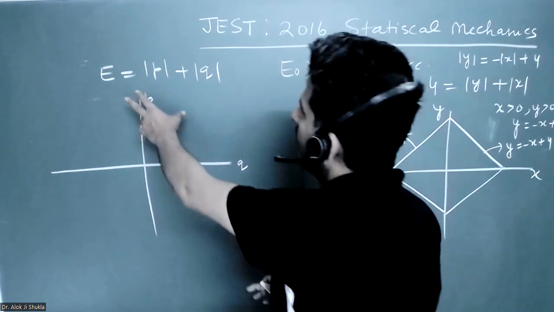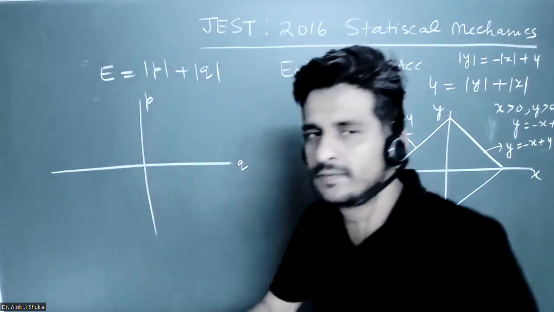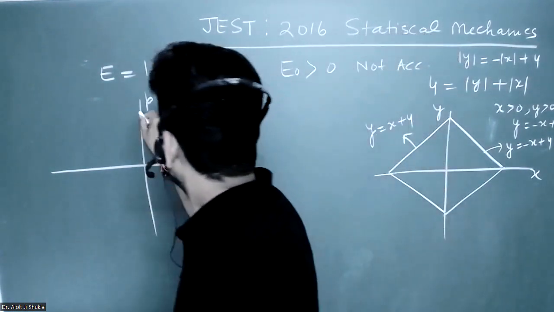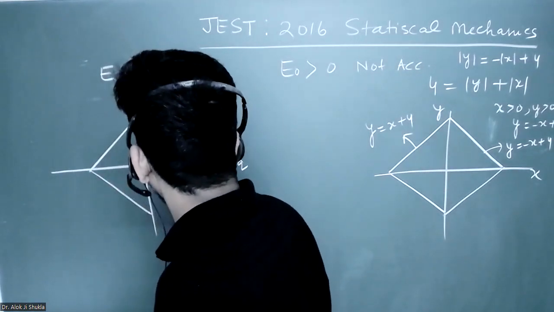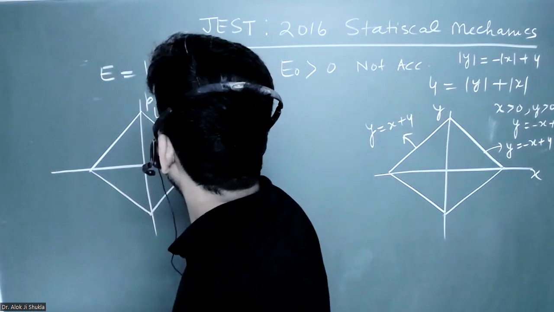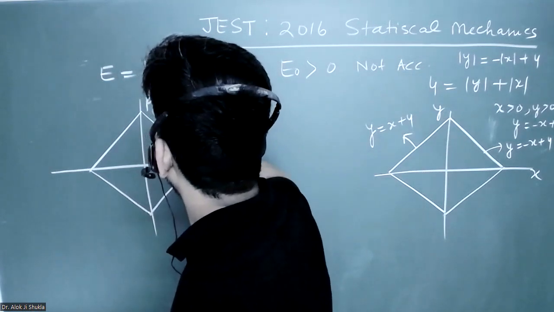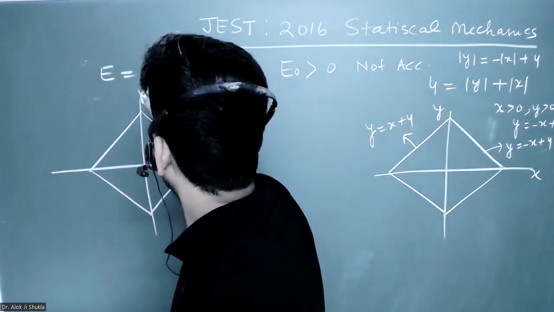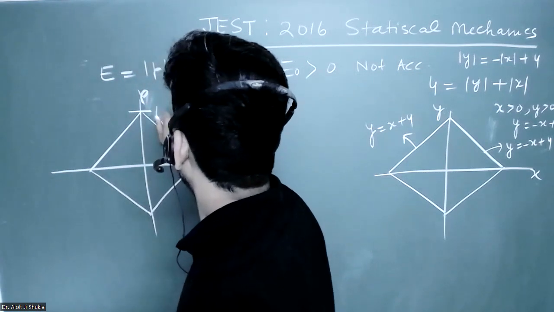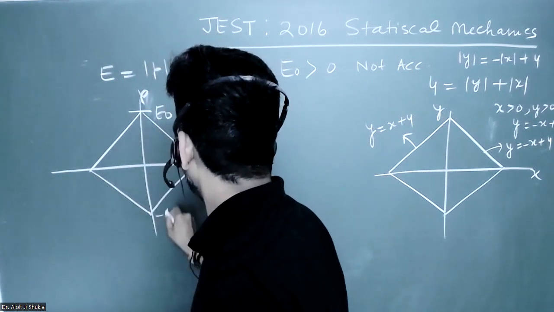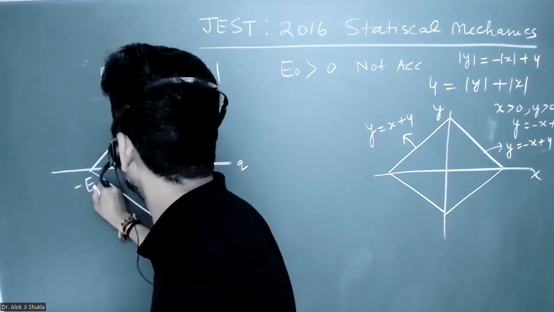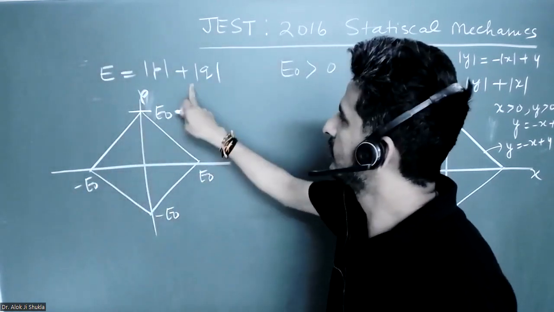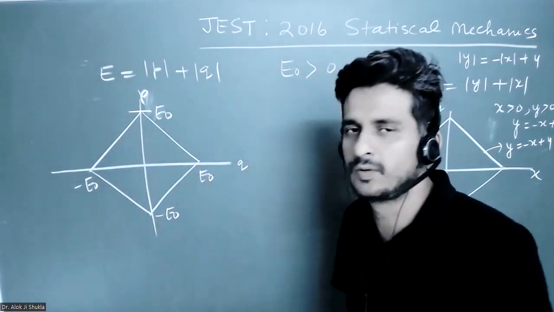Similarly, if I plot it for E naught, because we don't have to go beyond E naught, here also I get it like this. This is the phase curve, and here you will get P and Q. Here you get E naught, and here minus E naught, and here E naught, and here minus E naught, because here Q is equal to 0 and here P is equal to 0.